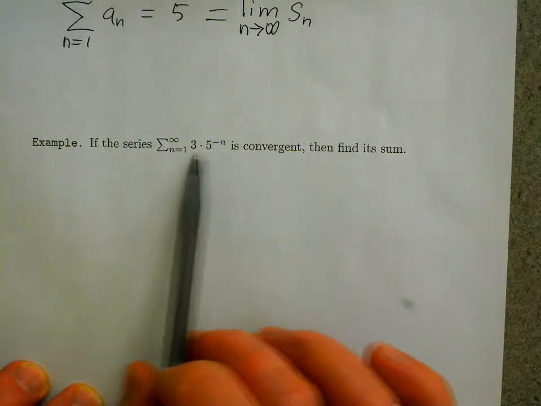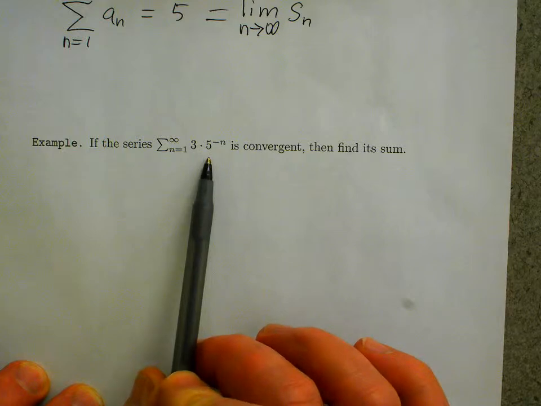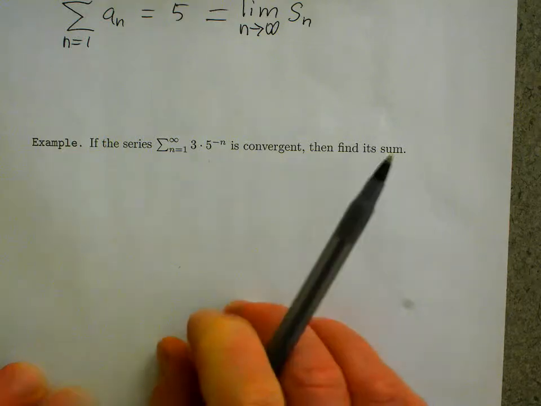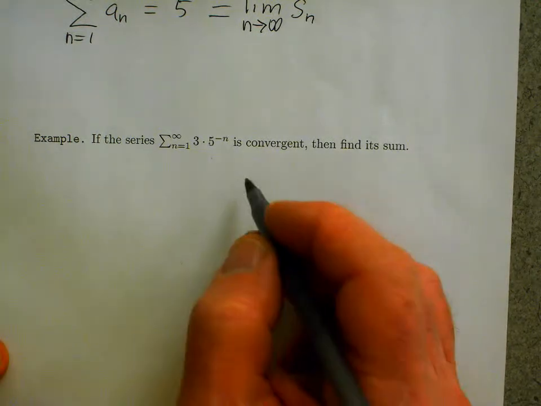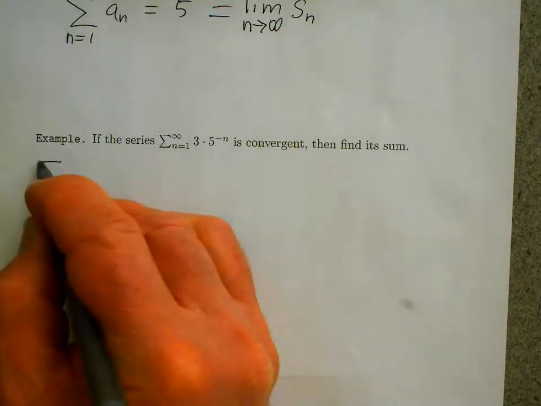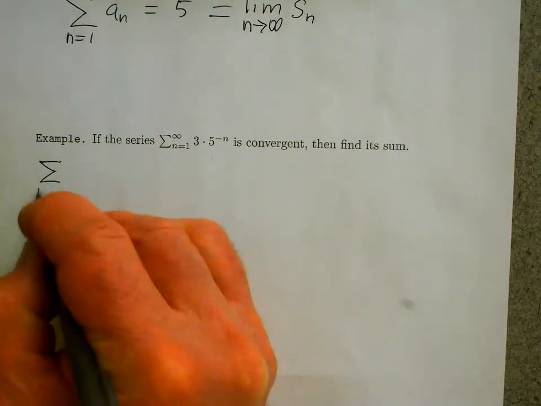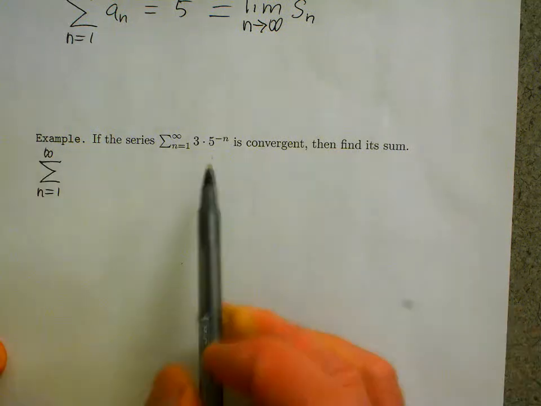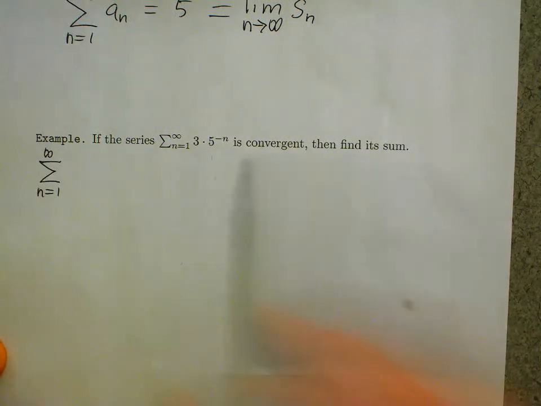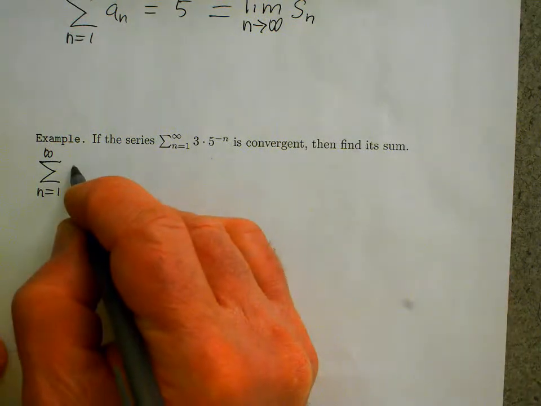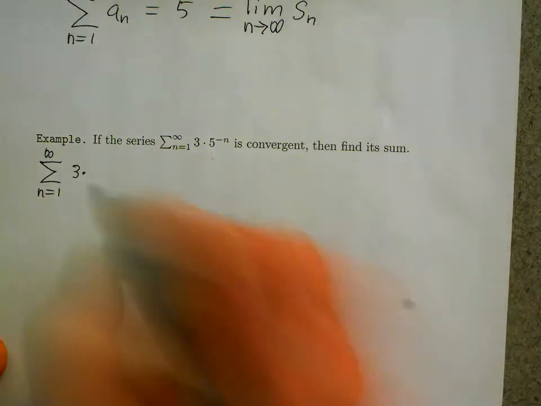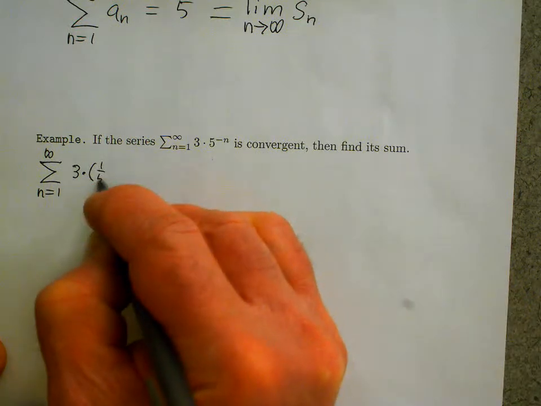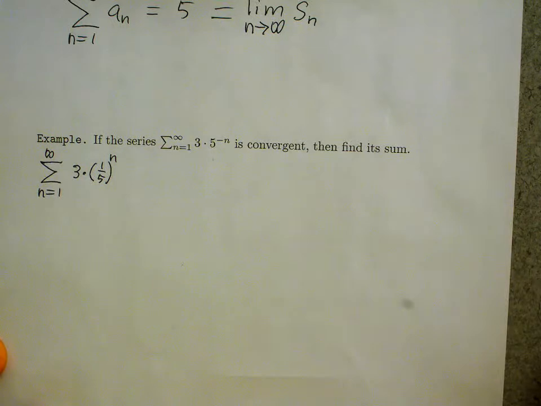But this turns out to be a geometric series. So let's rearrange the terms, or write it in a different form. 5^(-n) is the same as 1 over 5^n. So I'm going to think of this as 3 times 1 over 5^n, but that's the same as 3 times (1/5)^n. Are we in agreement about that?